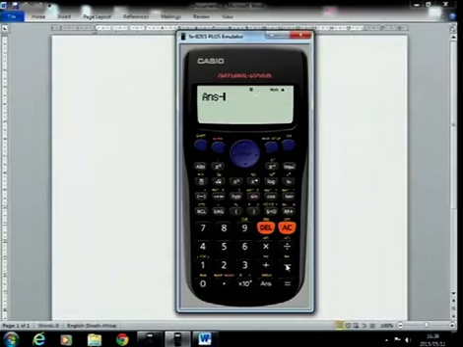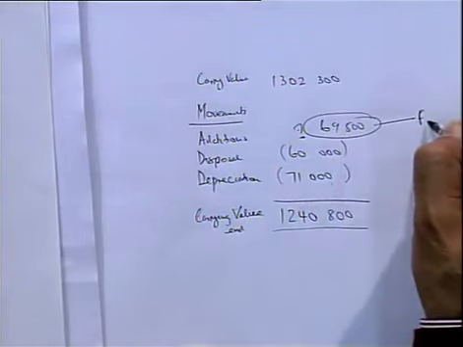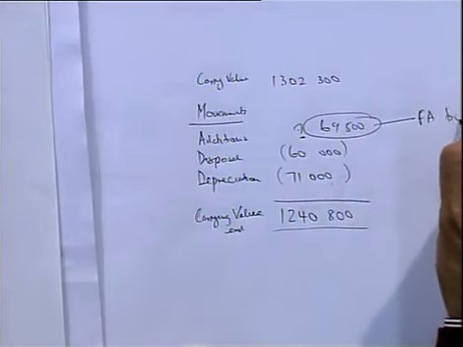And then we minus the answer that they give us, 1,240,800, and the answer will be 69,500. So that will be the fixed assets that were bought.